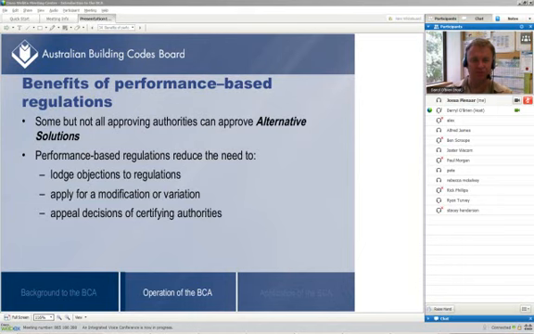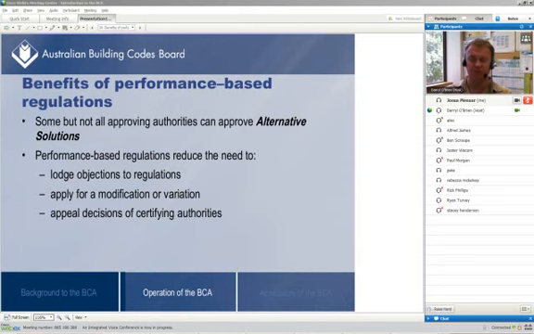Okay, performance-based regulations reduce the need to lodge objections to regulations, apply for a modification or variation, or appeal decisions to certifying authorities. Now in Queensland, for argument's sake, you cannot approve an alternative solution for a building fire service feature without advice from Queensland Fire Rescue Service, QFRS. They're an advice agency for that matter.